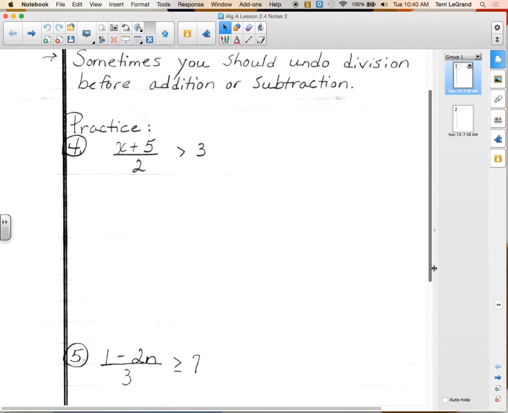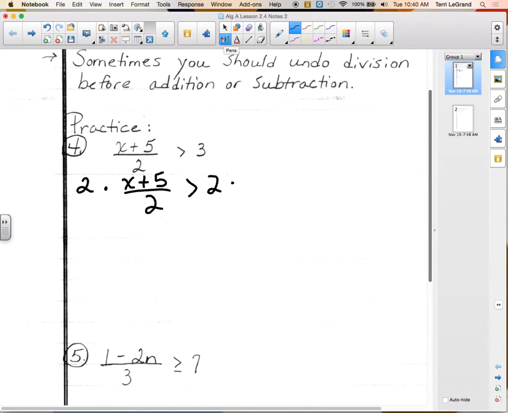So what we're going to do instead is, since it's being divided by 2, I'll multiply both sides of this inequality by that 2. So x plus 5, the expression that has the x in it, is being divided by 2. So we're going to undo that division first.